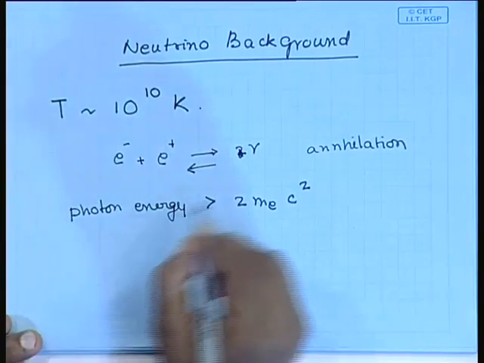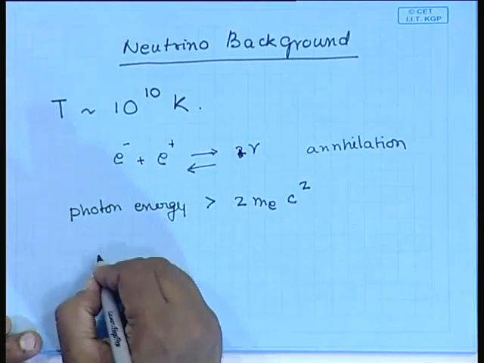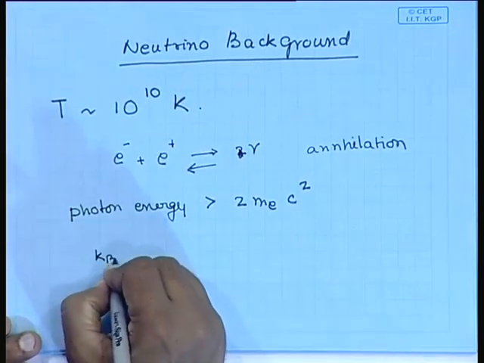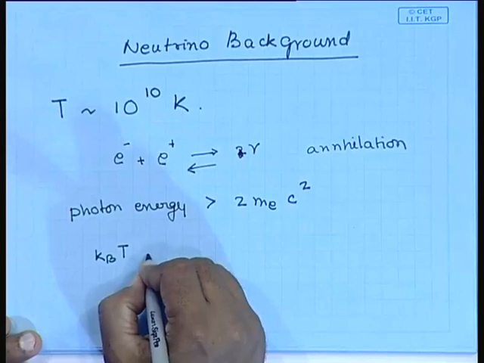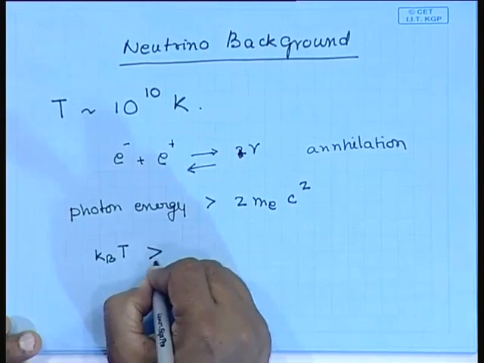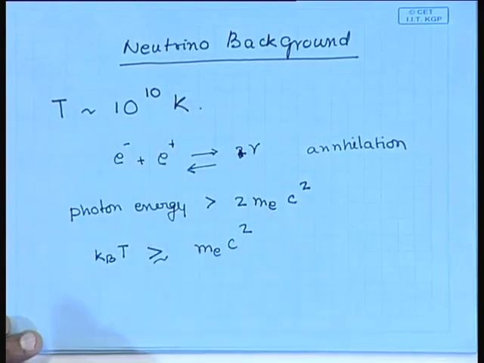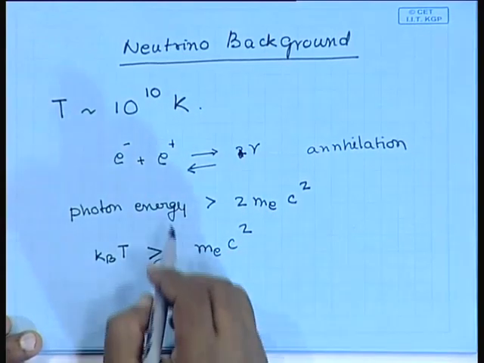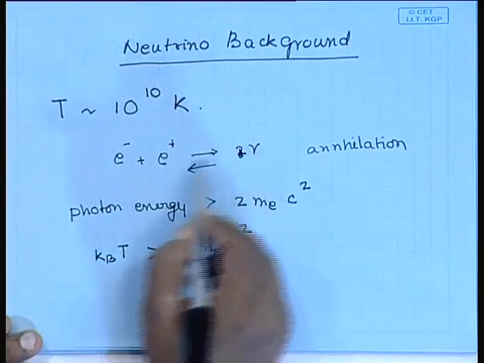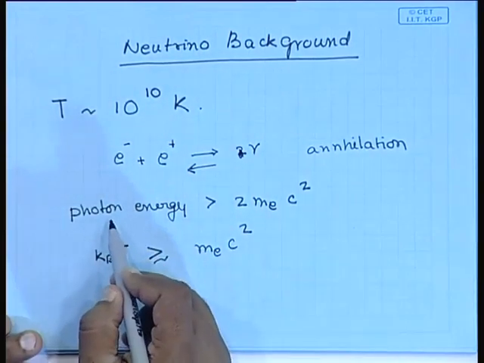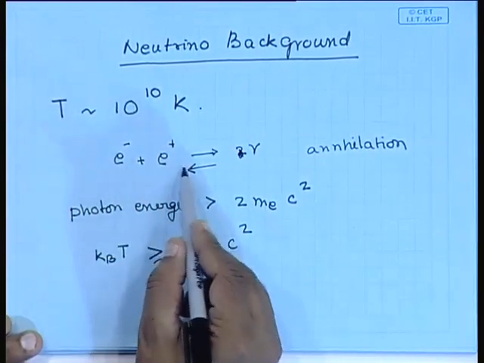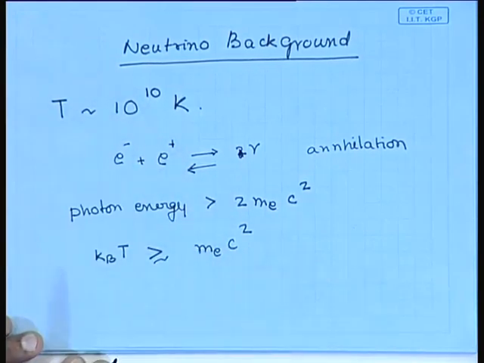So, if we have radiation at temperature k_B T greater than or equal to m c square of this order, it is only then that the thermal radiation can excite the electron and positron pairs.